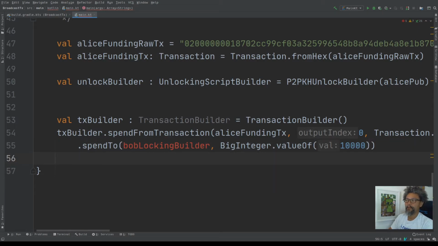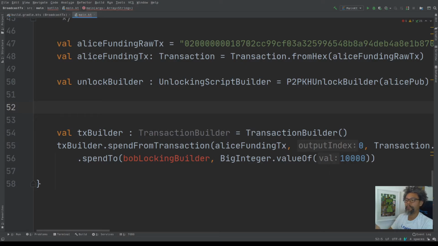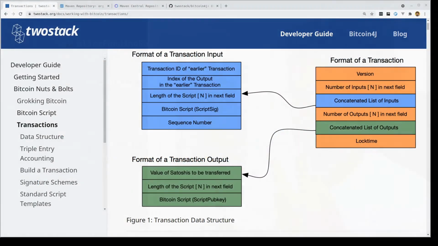So Bob, we're spending to Bob's locking builder, or rather we're using Bob's locking builder to lock up the coins. So when we construct this new transaction, it's going to have outputs. There are two transactions that we're working with here, two data structures like this.